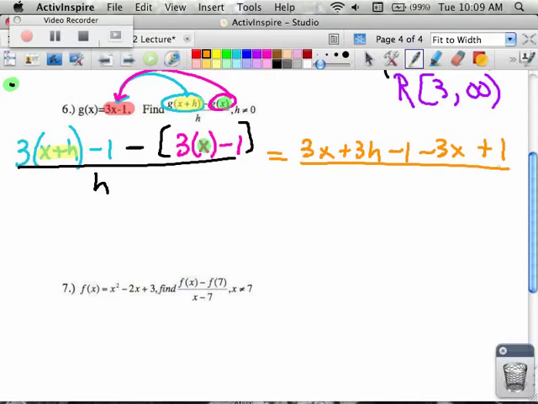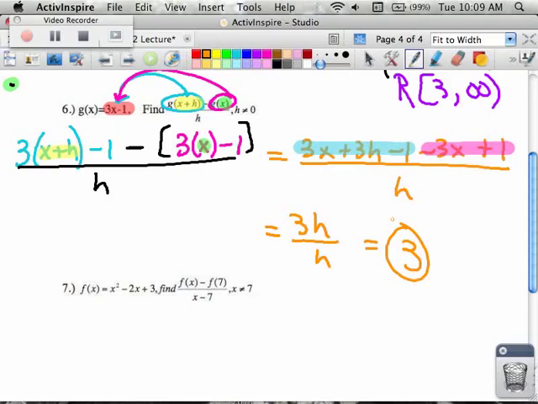And that's all over h. And so the front stuff right here came out of the blue highlight instruction. And the other stuff came out of the pink. And now I'm going to simplify. And I notice that the 3x and the minus 3x go away. The negative 1 and the positive 1 go away. And I end up with 3h over h, or in other words, 3 is my answer.